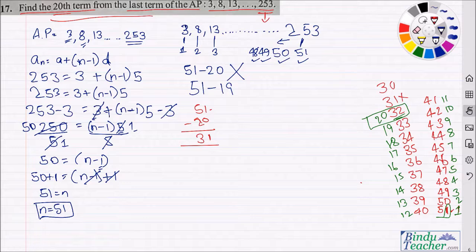Right, let's find out the value for the 32nd term. So we'll again use the same formula. A of n equals a plus n minus 1 into d. A of 32 equals, a is again 3, n is 32, minus 1, into d is 5.